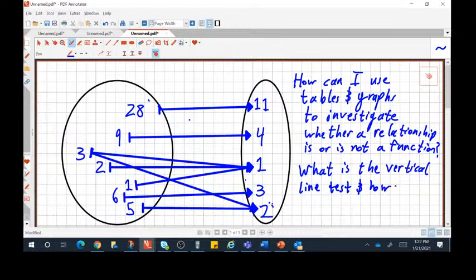Now, before you snap your planner shut, I want you to know that tomorrow there will be a skill check. Let me explain to you what the levels are. It's not too bad. Look at this mapping diagram. Level 1: if the input of this mapping diagram is 2, what is the output?